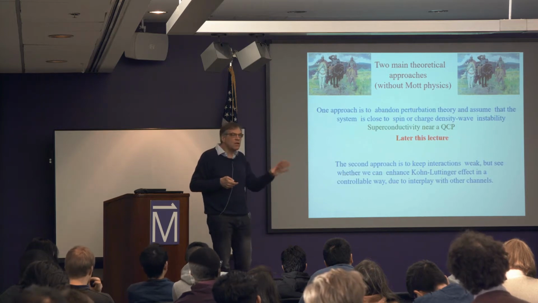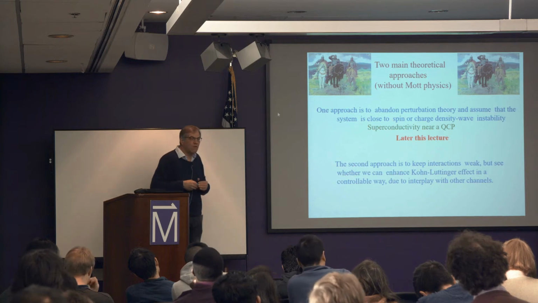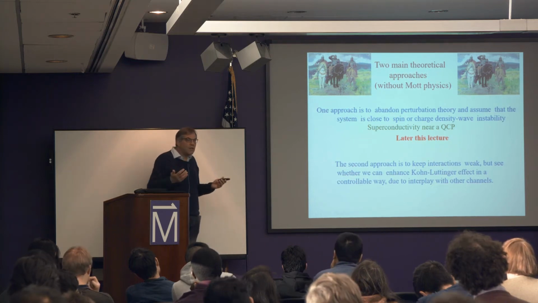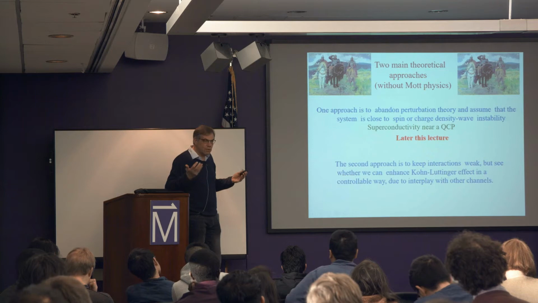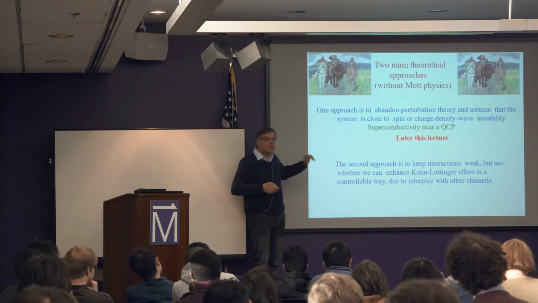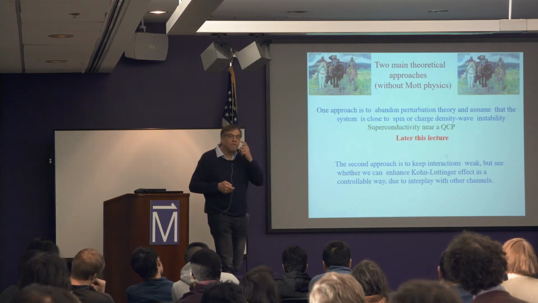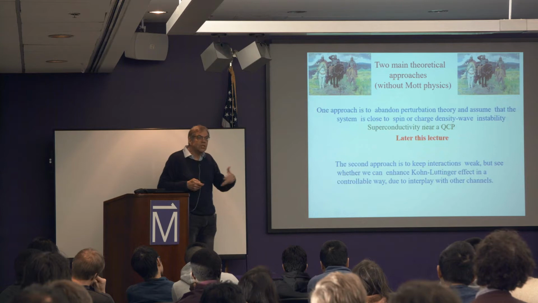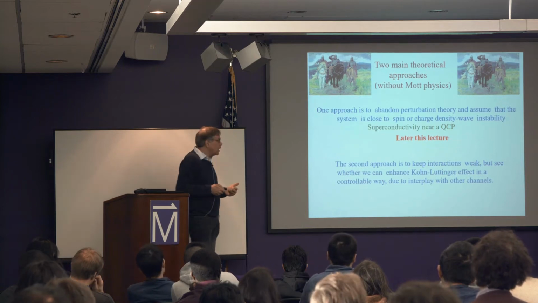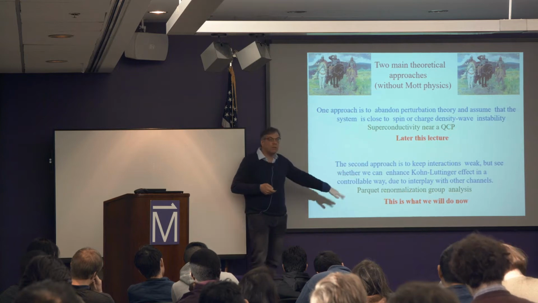It was rigorous analysis, but valid for an isotropic system and only large values of angular momentum. You go to a lattice system, we cannot do anything besides perturbation theory. So the idea is to see whether we can go beyond perturbation theory and find some finite correction to the initially repulsive interaction. So this is what goes under renormalization group analysis. This is what we will do now.